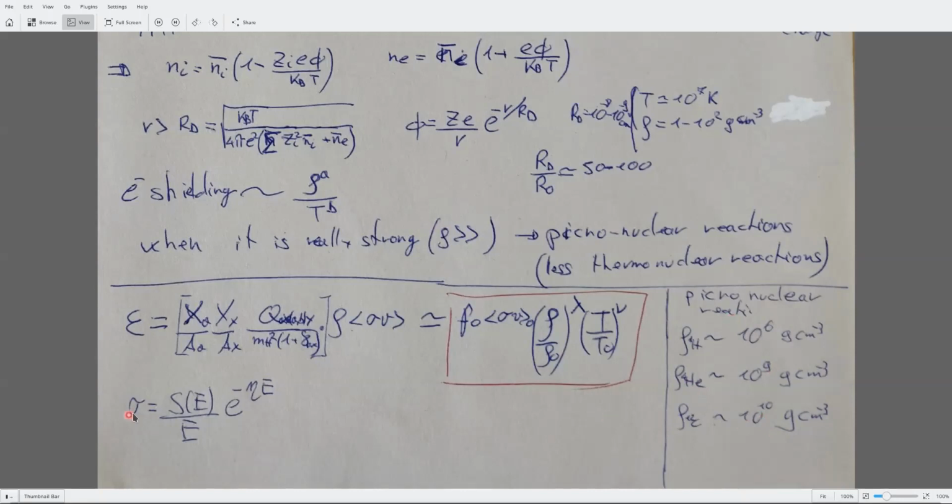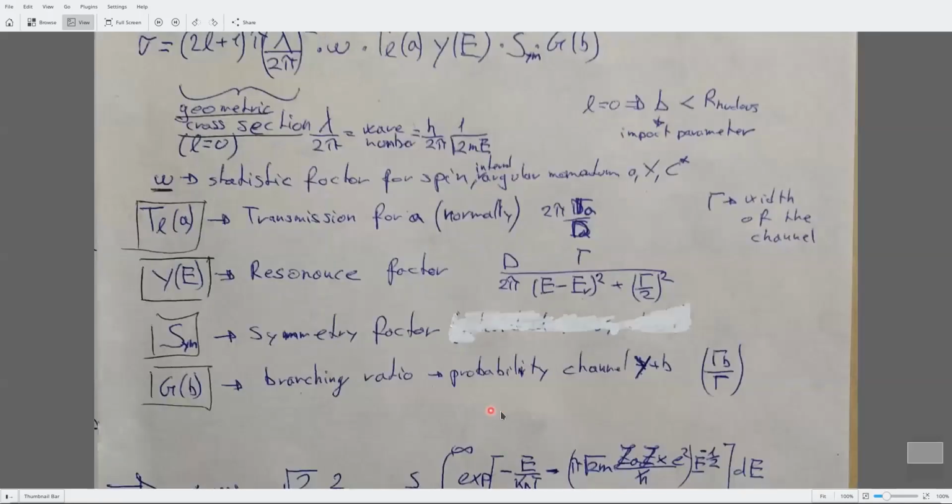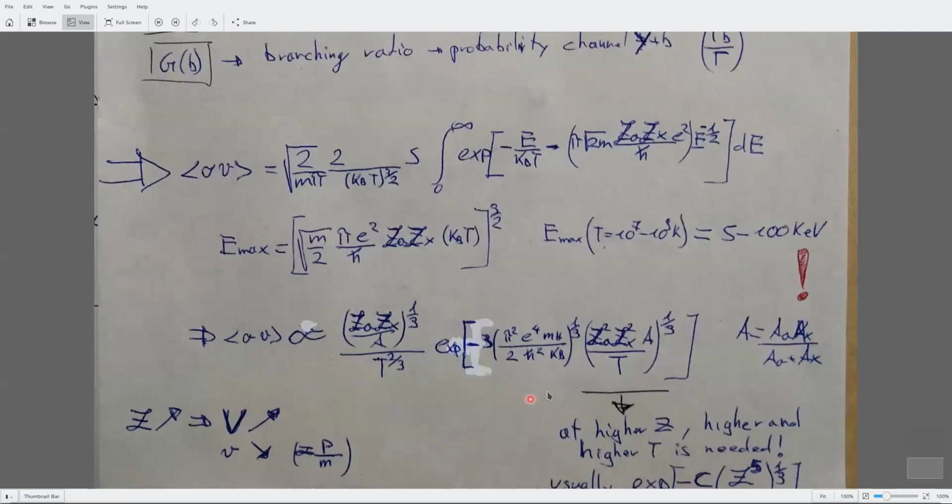About the cross section, usually you have zones that can have really big values. It's complicated.